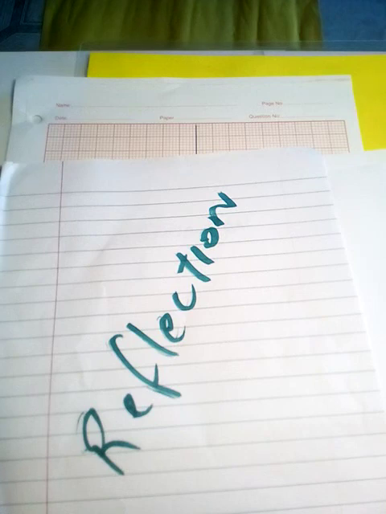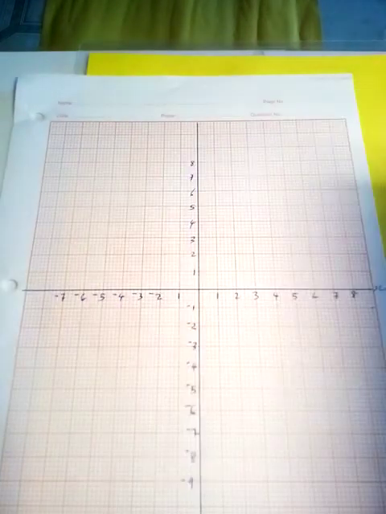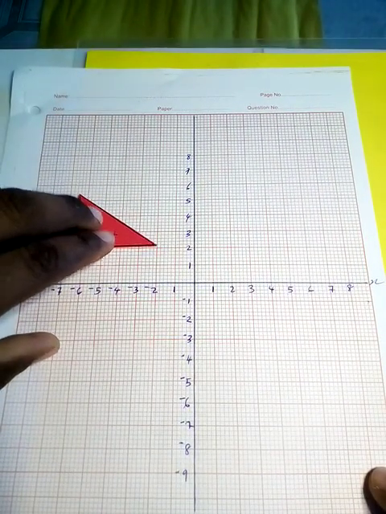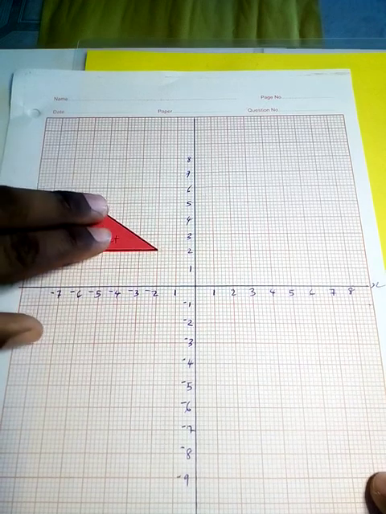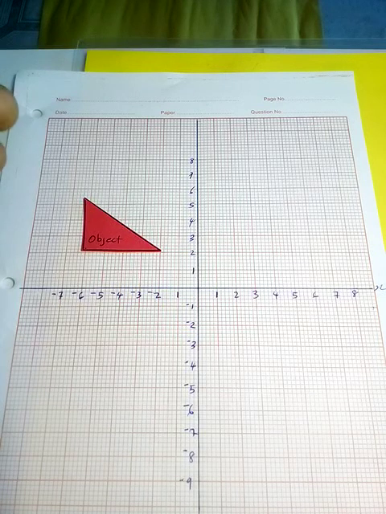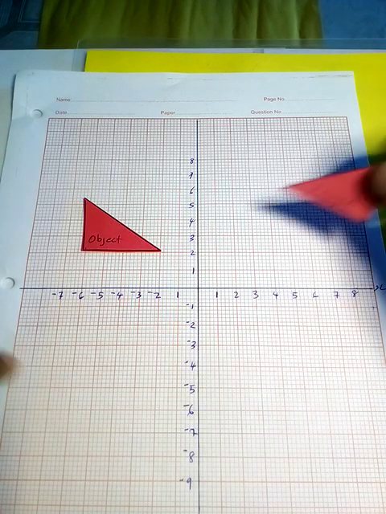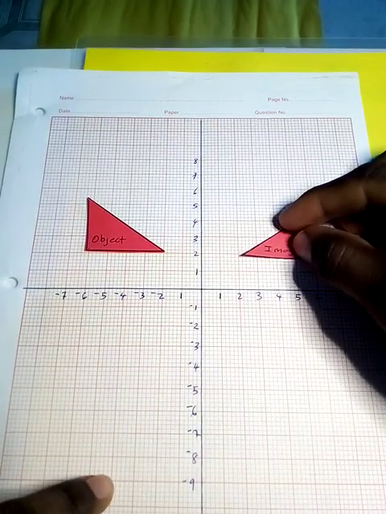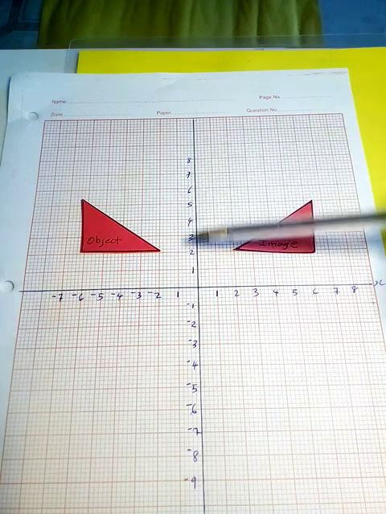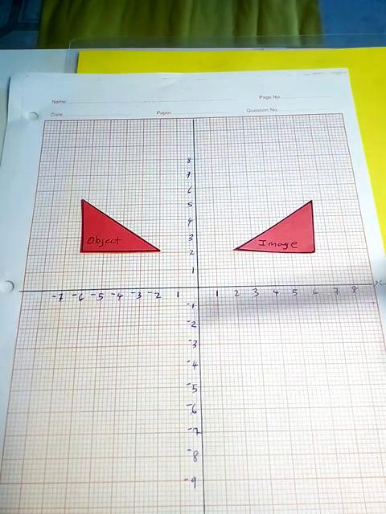So what they are saying, for example, when you create an object on the Cartesian plane, we have the observation. The object on the reflection will not slide like translation. It will flip on the opposite side of the mirror line.